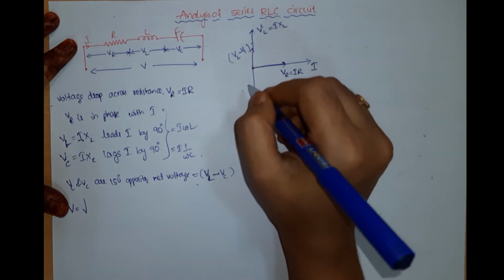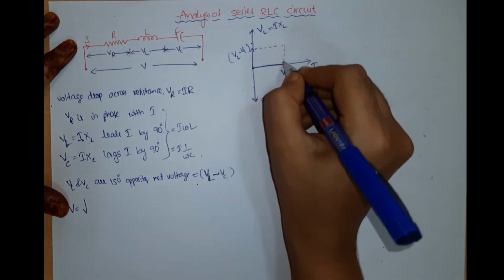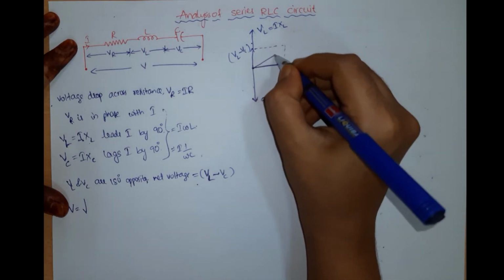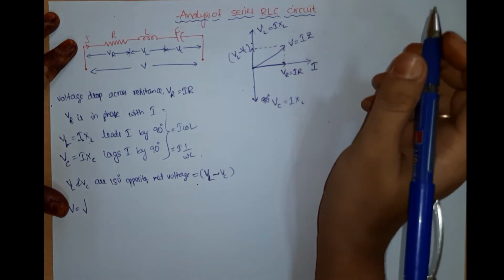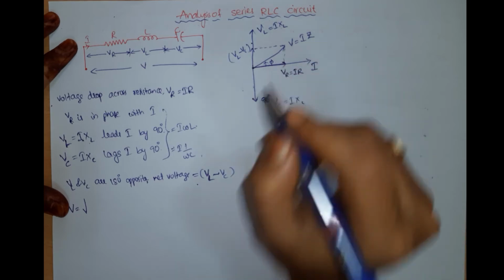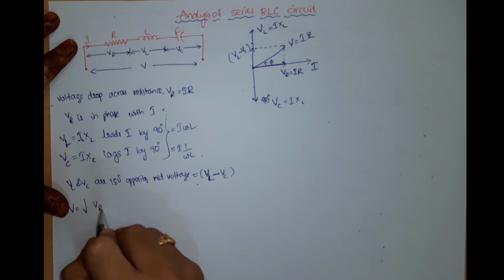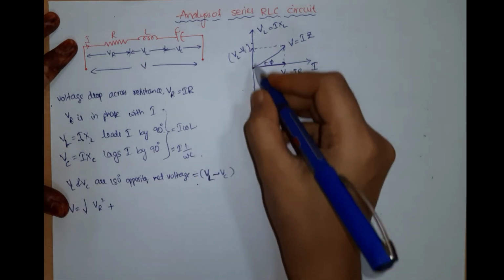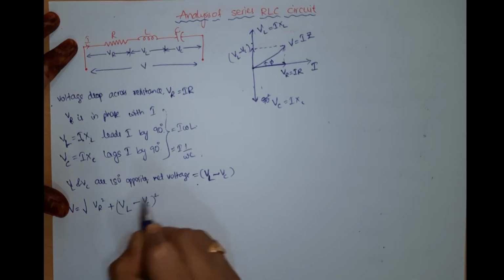Now I can apply parallelogram law. By taking parallelogram law, I will be obtaining V equals I into Z, where phi is the phase angle, right? So from here I can write the resultant voltage V as under root of VR square plus the resultant of these two, VL minus VC, square.